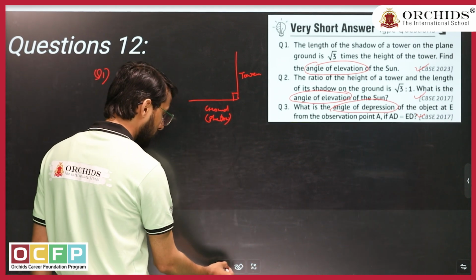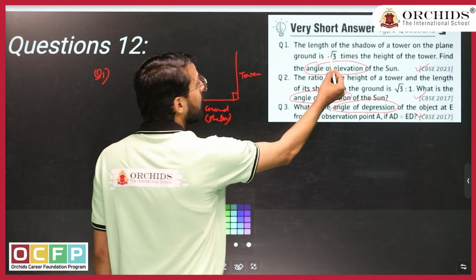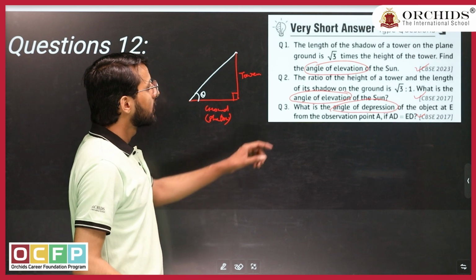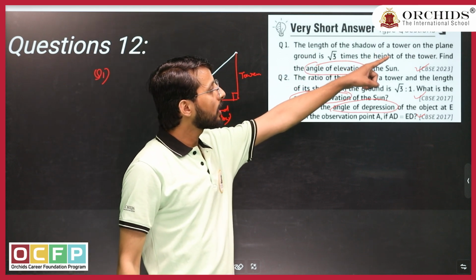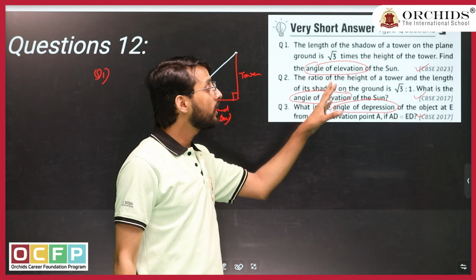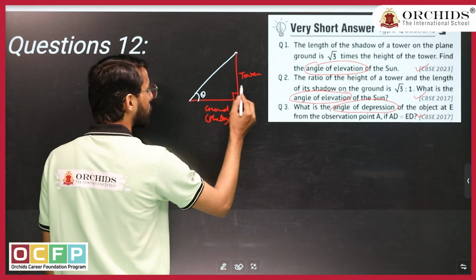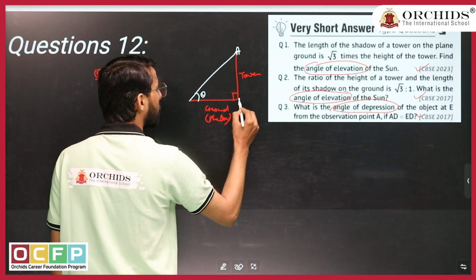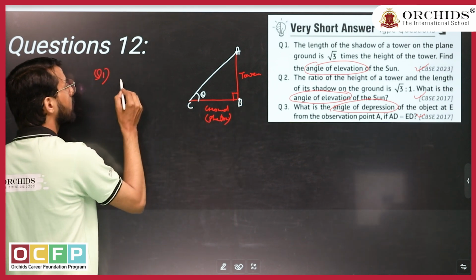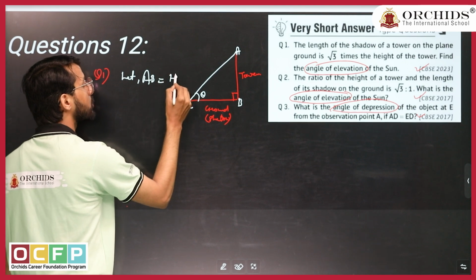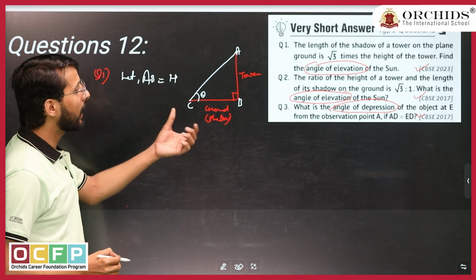Now, if this is 90 degrees, they have given, and this will be the elevated part. The length of the shadow of a tower on the plane ground is root 3 times the height of the tower. It means suppose I took the points A, B and C. Let AB be equal to H. AB was the height.